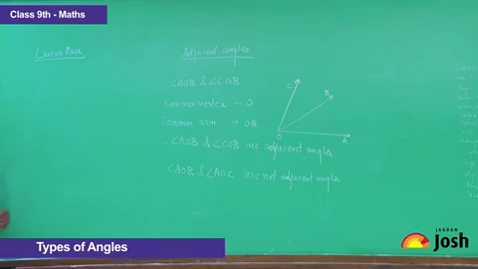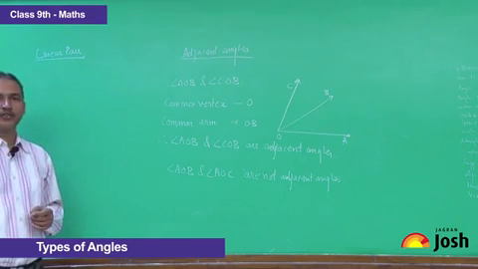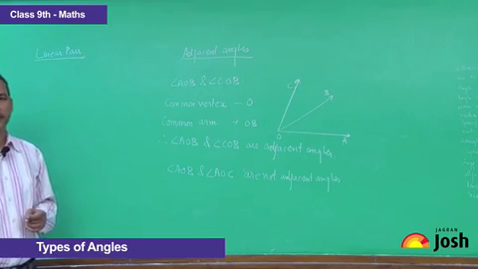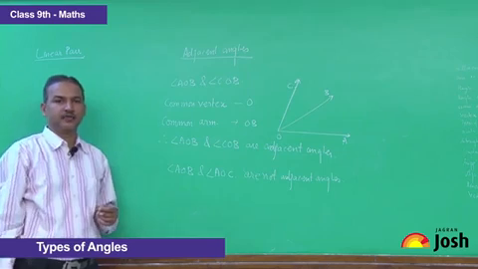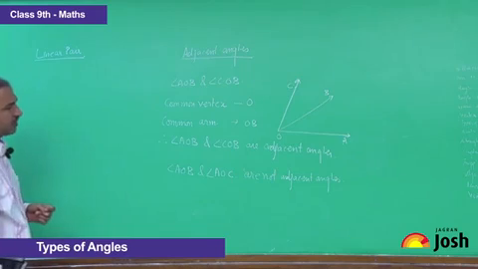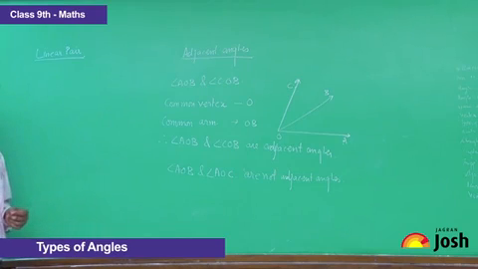Linear pair is a special case of adjacent angles. A pair of adjacent angles is said to be forming a linear pair if the sum of the adjacent angles is equal to 180 degrees, which is possible only when the non-common arms of the pair of adjacent angles form opposite rays.